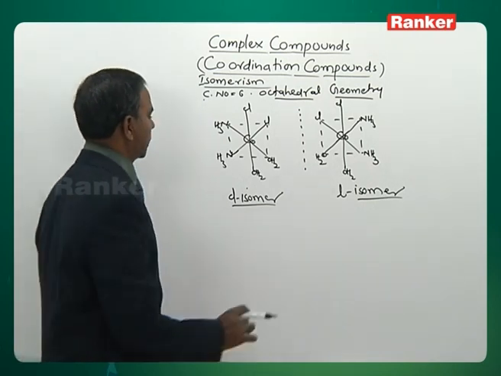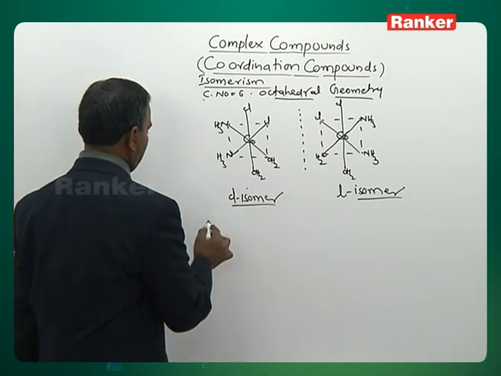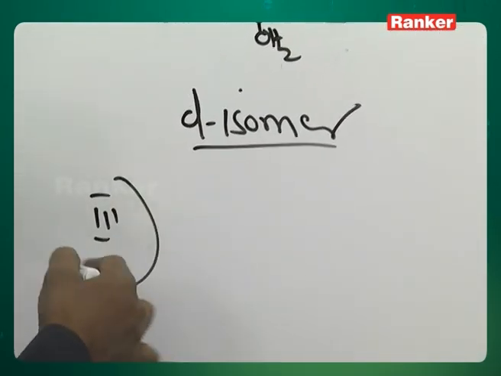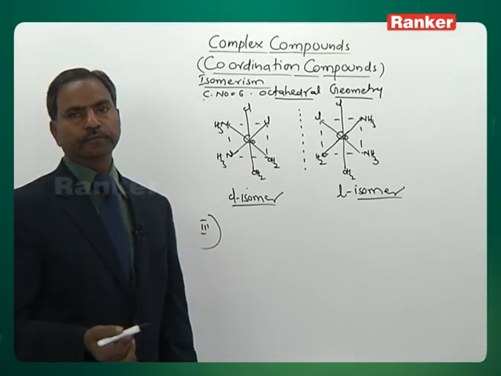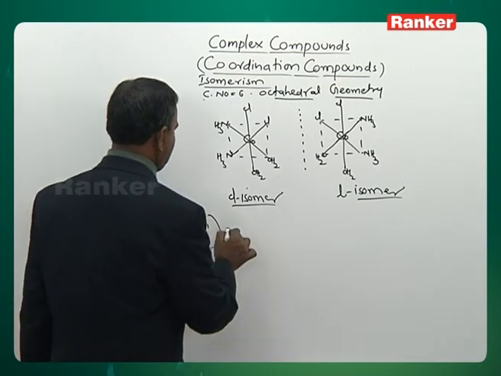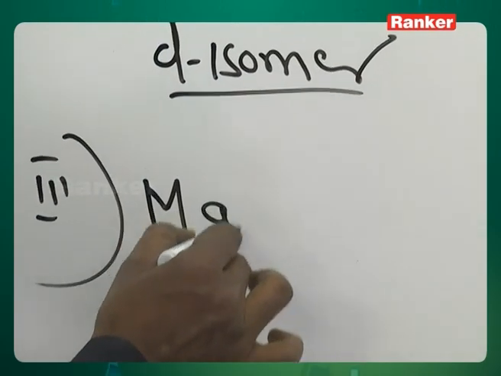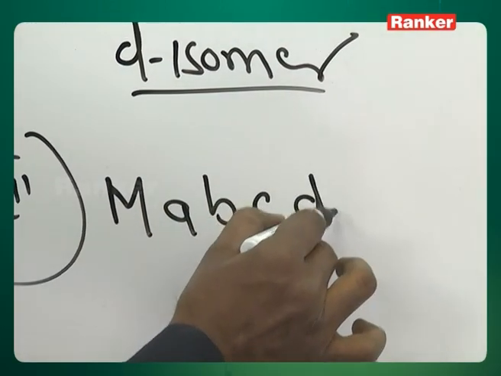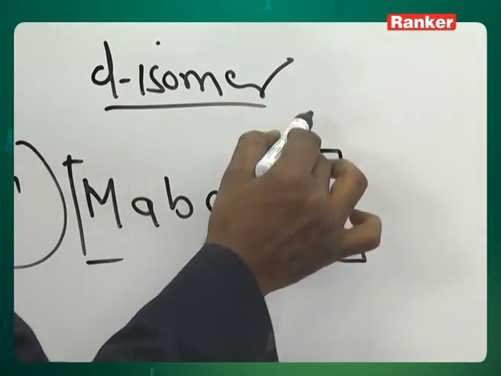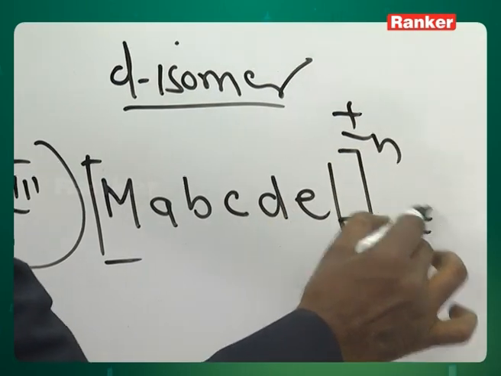Next model, let us take the third one. M, A, B, C, D, E, F: all 6 ligands are different, plus or minus n.